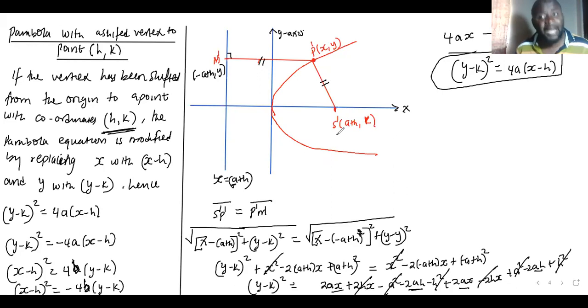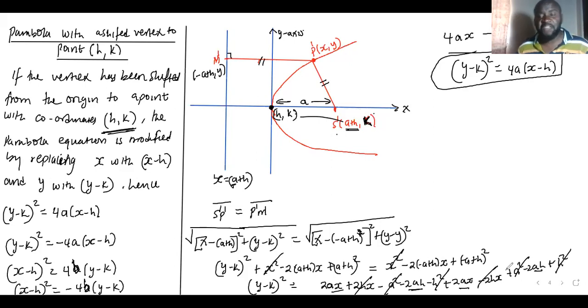If they ask you for the focus, this is the vertex, HK. When you shift away from here to the focus, that is the constant A. So that's why here we have A plus H. But because we are on the same horizontal line, K is maintained because it has not changed via Y yet. Habiba, does that make sense?